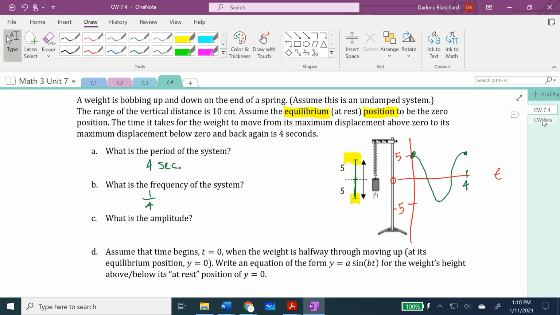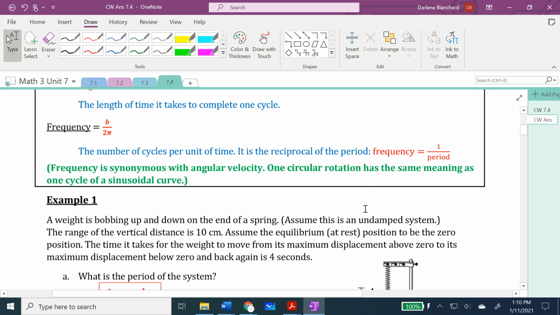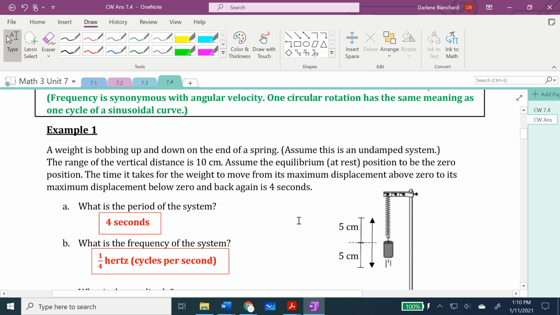If you take a look at what I have written in the answers for that, I want to point out that I used hertz because that is the physics unit that gets used with frequency. And I put in parentheses that hertz means how many cycles per second. I'm not going to push all the physics on you completely.